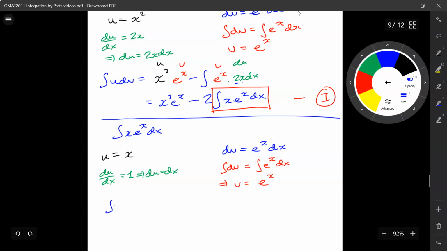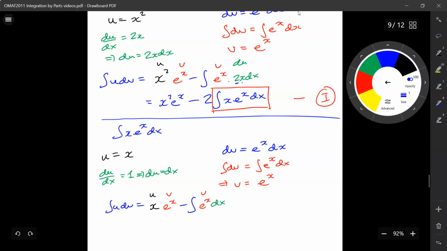I now have the terms I need to plug into the formula, so the integral of u dv is equal to u, which is x, times v, which is exponential x, minus the integral of v again, exponential x, times du, which this time is just dx.